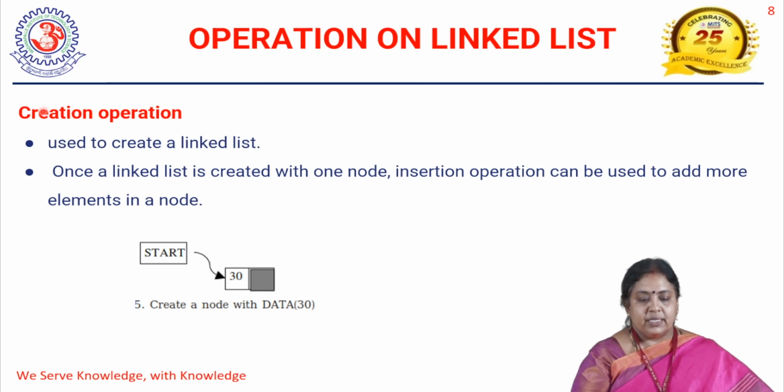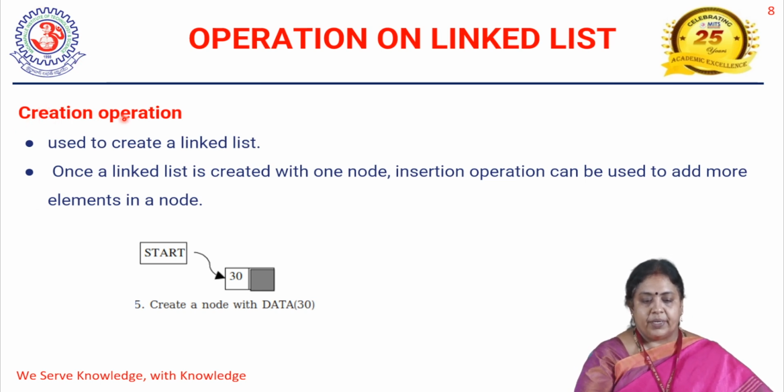So what is the first operation? The creation operation, which is used to create the linked list. Once a linked list is created with one node, the insertion operation can be used to add more elements. First we have to create a node, and after that we can build the list by inserting data elements.